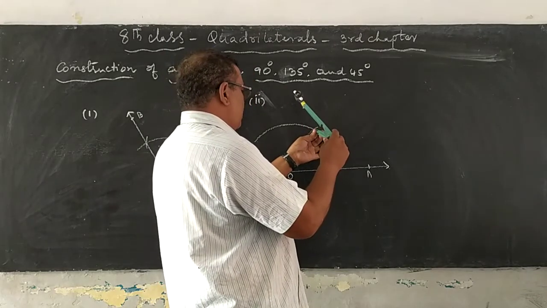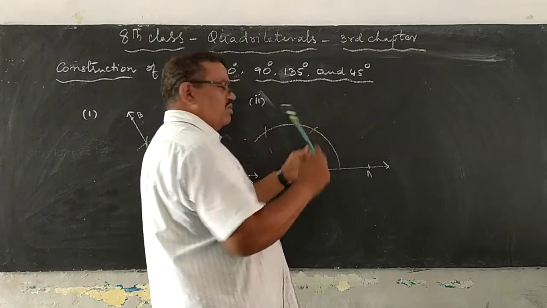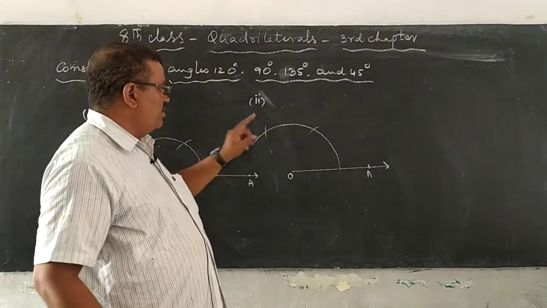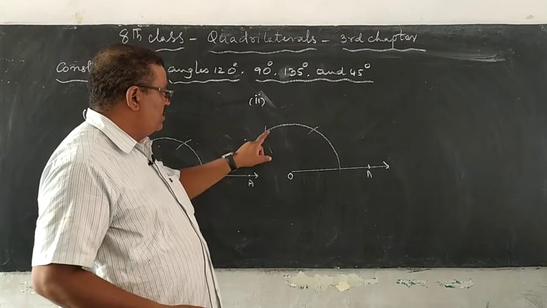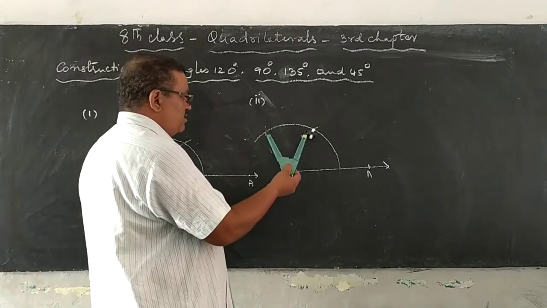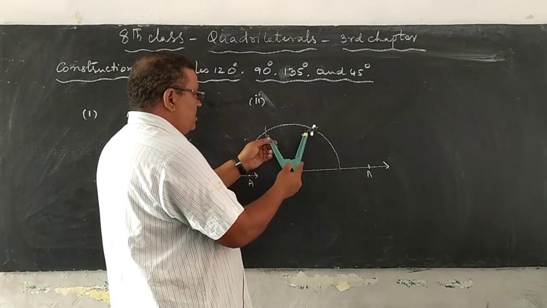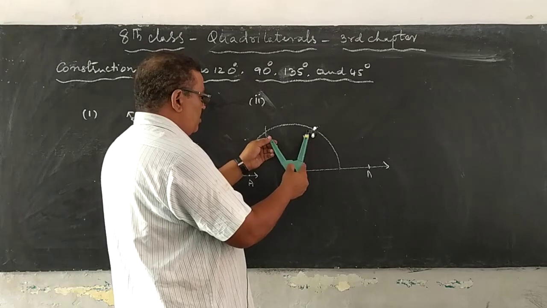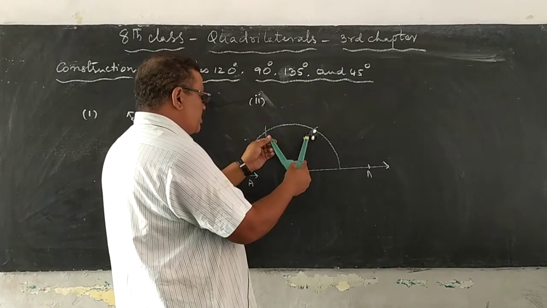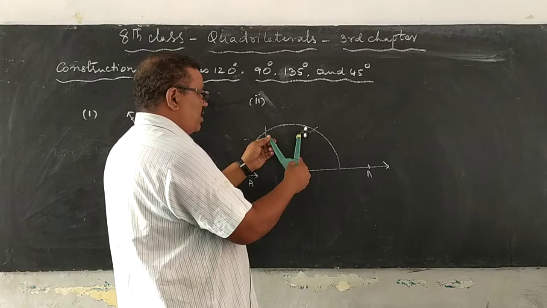From here to the second, how much angle is this? 120 degrees. 60, 120. Now in this length, take more than half. Otherwise the same radius also, no problem. More than half I took.